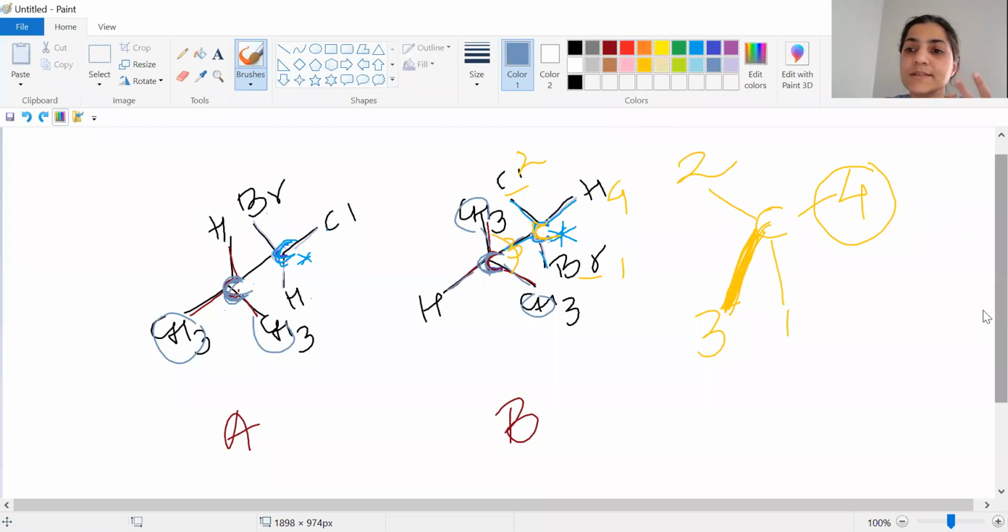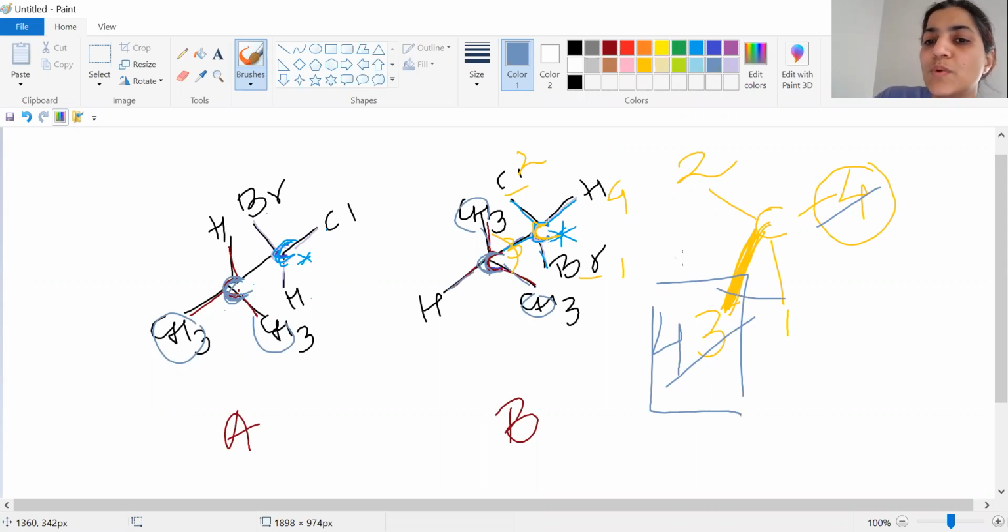If you cannot see that, you can still switch the locations of number 4 and number 3, so that number 4 can be your back, and you can observe what happens to 1, 2, 3.